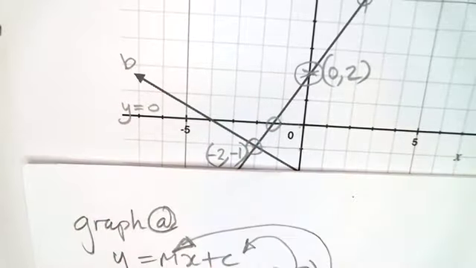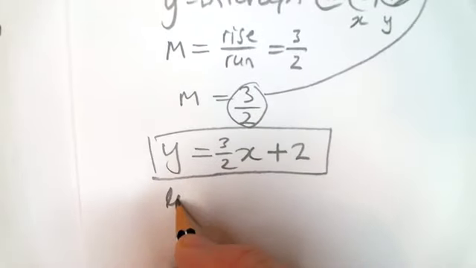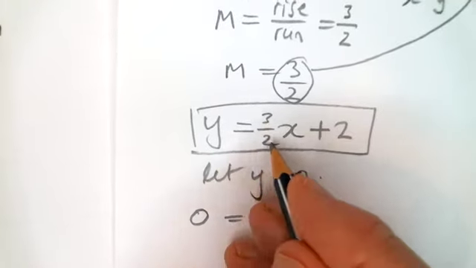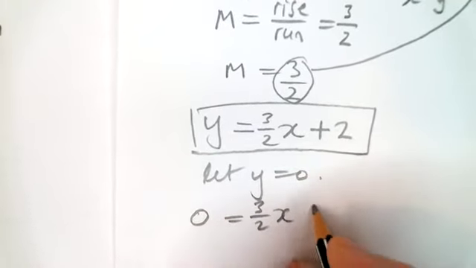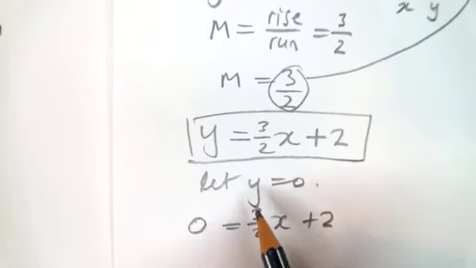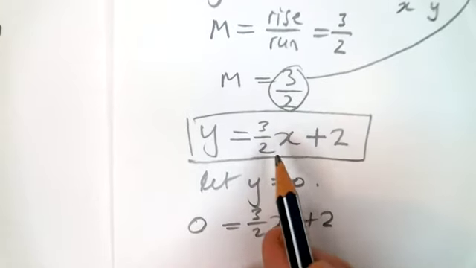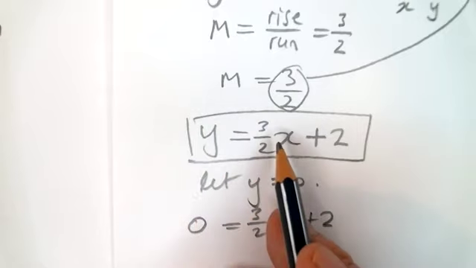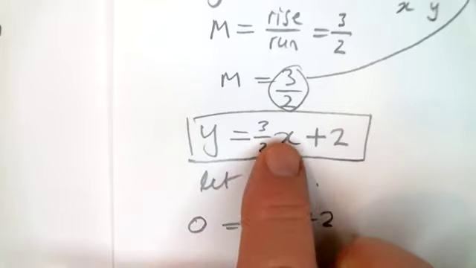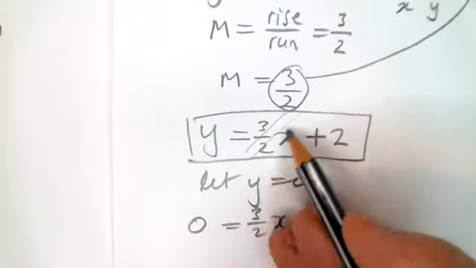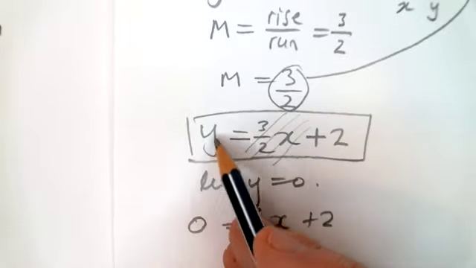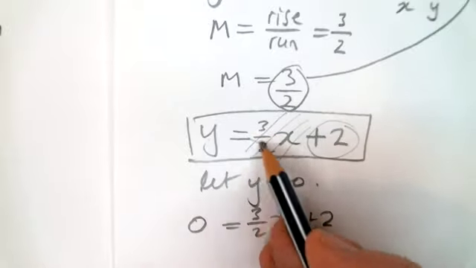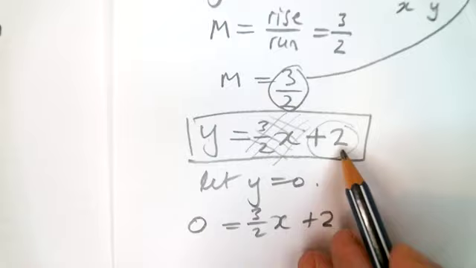So let y equal 0, so 0 equals 3 over 2x plus 2. When we're trying to find the y-intercept, by the way, we make x equal to 0, which is why if I cover that x, make x 0, y is equal to 2.